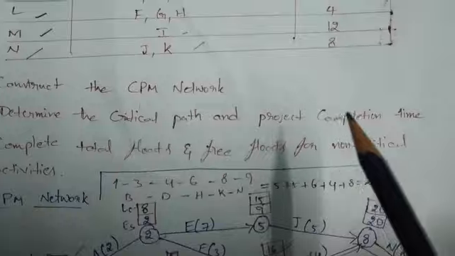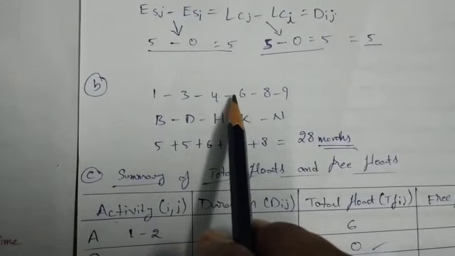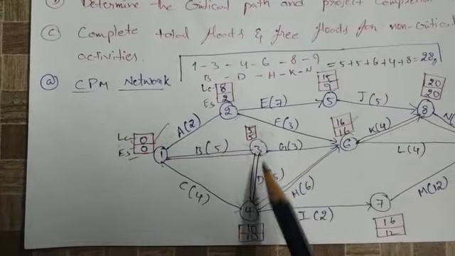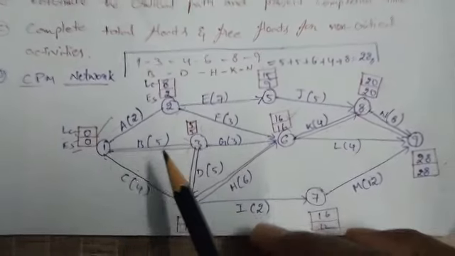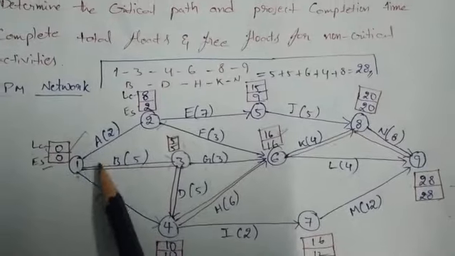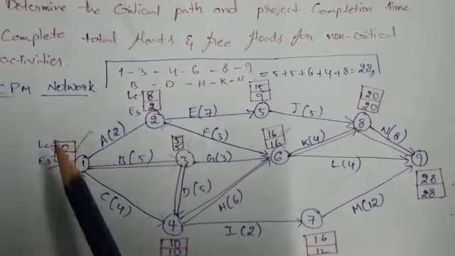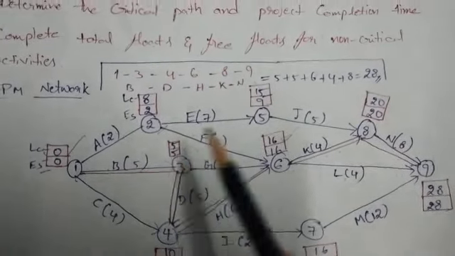And here B, you have to find the critical path and project completion time. So here 1 to 3, 3 to 4, 4 to 6, 6 to 8, 8 to 9. So why are you choosing only these activities? Observe carefully. First one is 0, 0. Third node 5, 5.